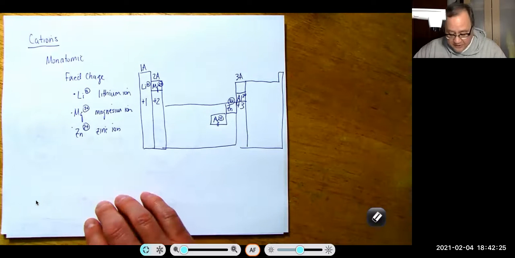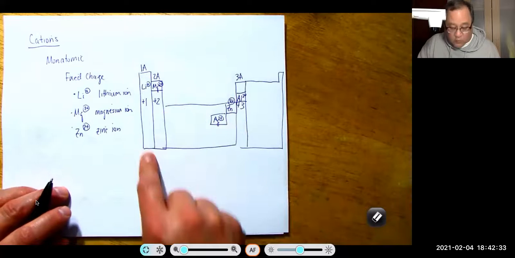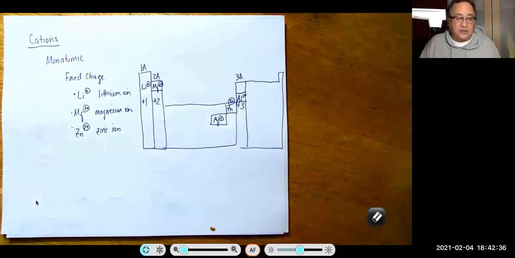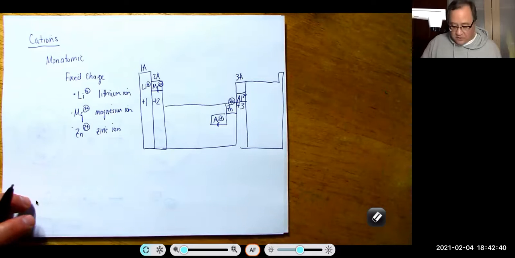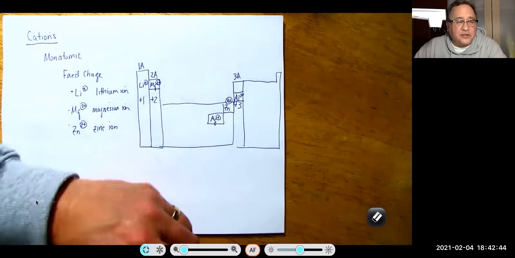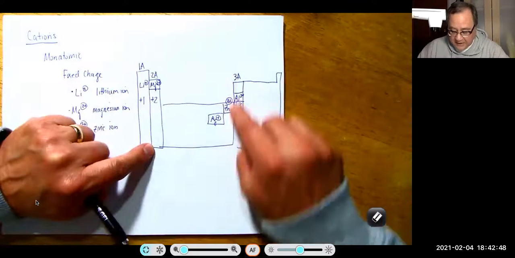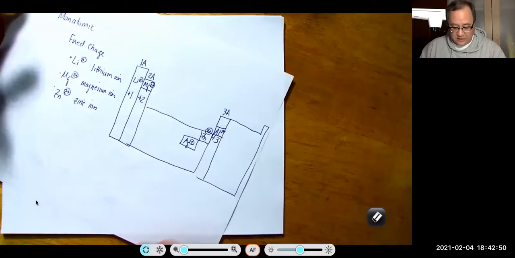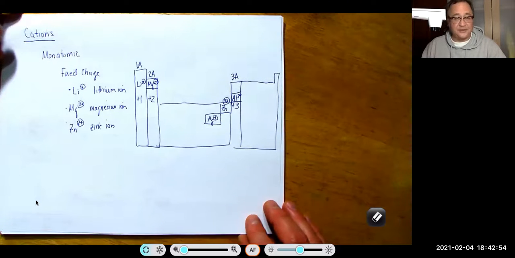And the answer is, we assume you have a periodic table. So when we say lithium ion, we think you're going to go to your periodic table, see it's in group 1 and say, oh, it's a +1. I know the charge. So the assumption is that you can figure it out because you've been taught how to figure it out. So these are all the fixed charge ions. 1A, 2A, the metals in 3A, silver and zinc. Any questions about the fixed charge ions?